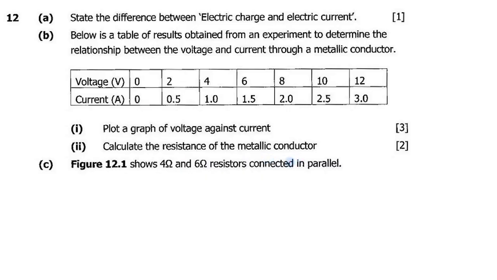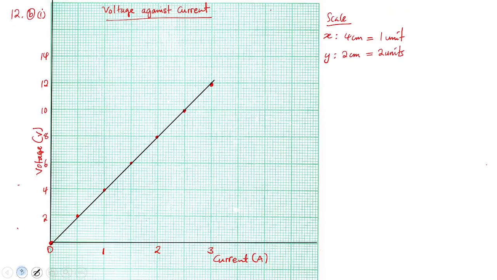The resistance of the metallic conductor here will become the gradient of this. Remember gradient, I told you that gradient M will be equal to y2 minus y1 over x2 minus x1. So you pick 2 points that are scattered, like this one and maybe this one.